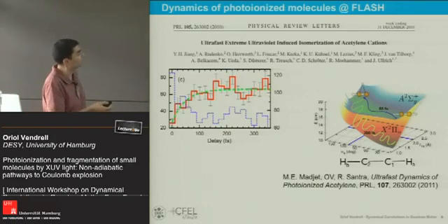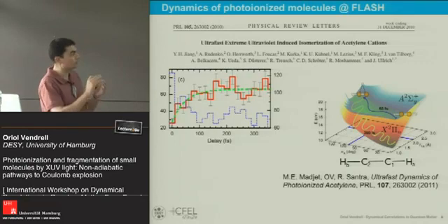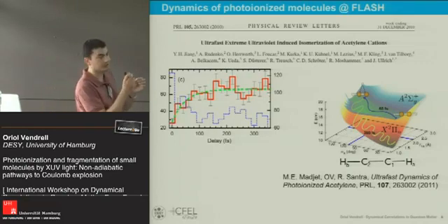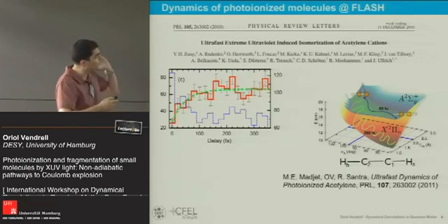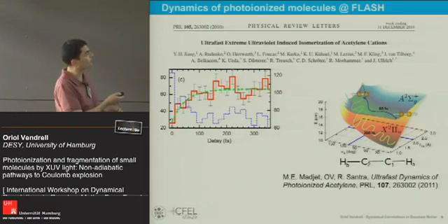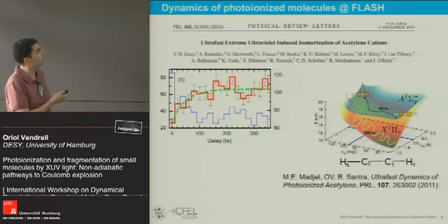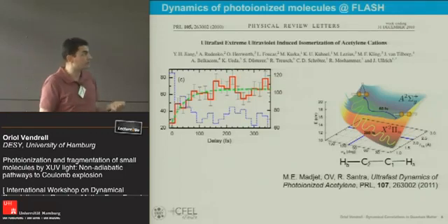What they did, as he introduced this morning, is they used FLASH to remove an outer valence electron. Then they waited for a certain time until the proton moves, and then they probed the system again with another pulse and looked at the occurrence of fragments that contain the two protons on the same side of the molecule. And then they concluded that when one ionizes into this cationic state, the system undergoes ultrafast isomerization.